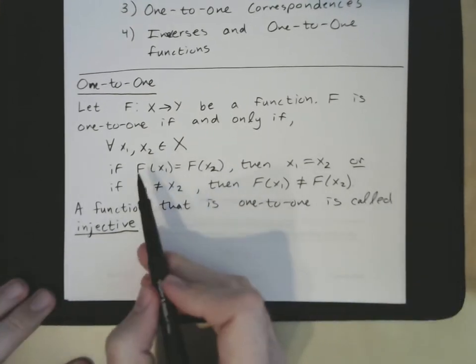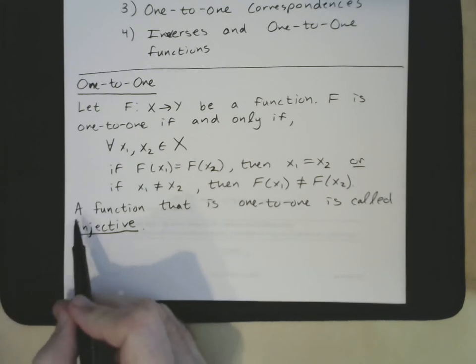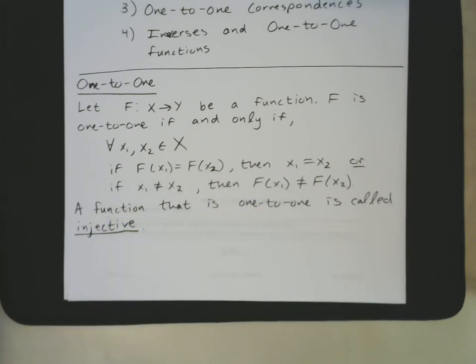And this process of proving it's one-to-one, we say, is proving a function's injectivity. So it just gives us a word. It's a lot easier to write injective than one-to-one over and over again, at least for me.